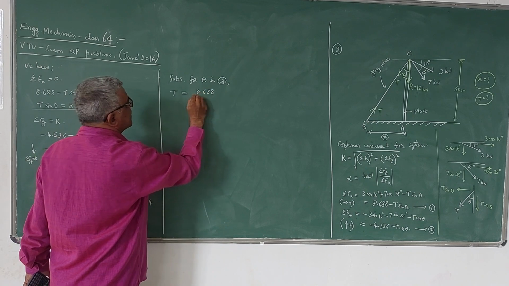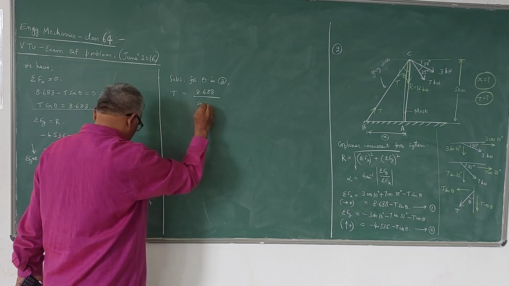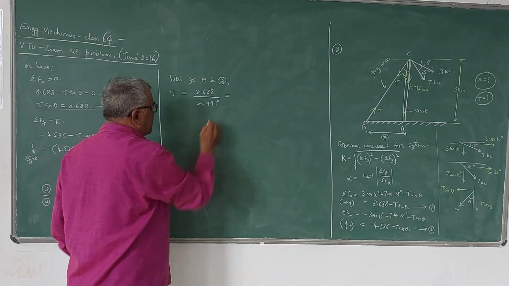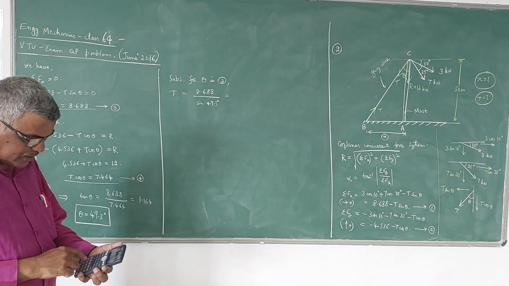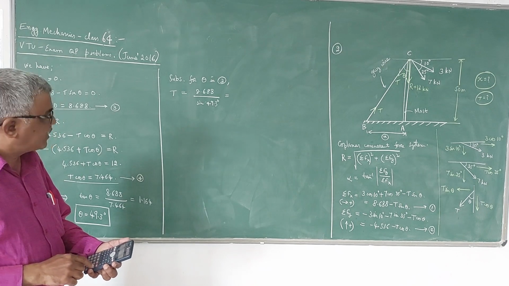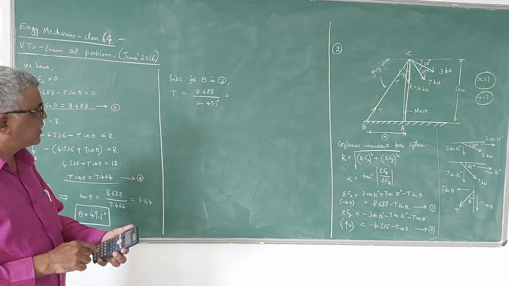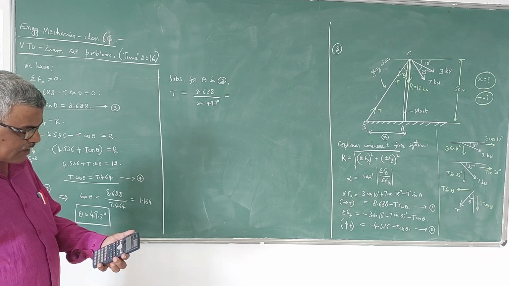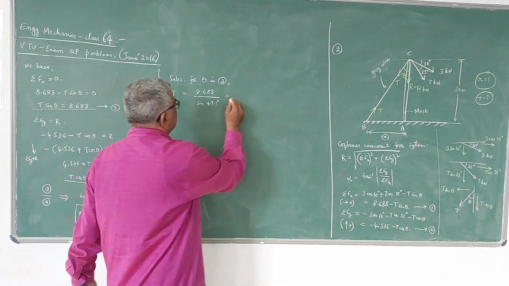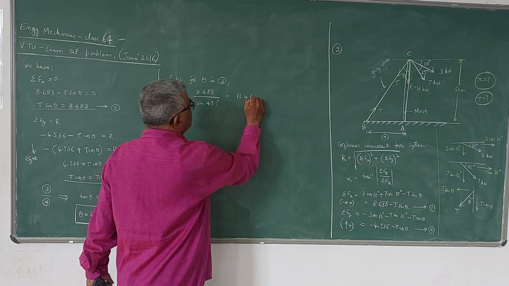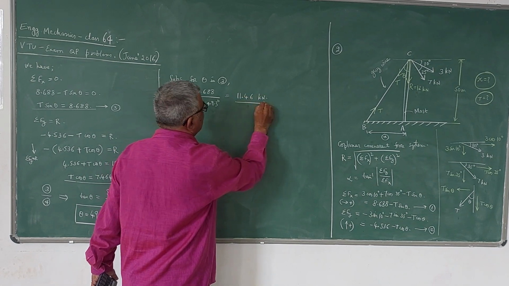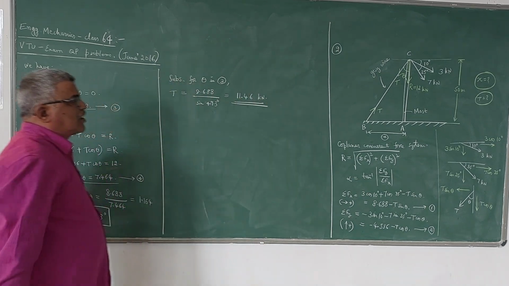8.688 divided by sin theta, that is sin 49.3 degrees, which is 11.46 kilonewton, because the forces are given in kilonewton, so the tension force will also be in kilonewton.